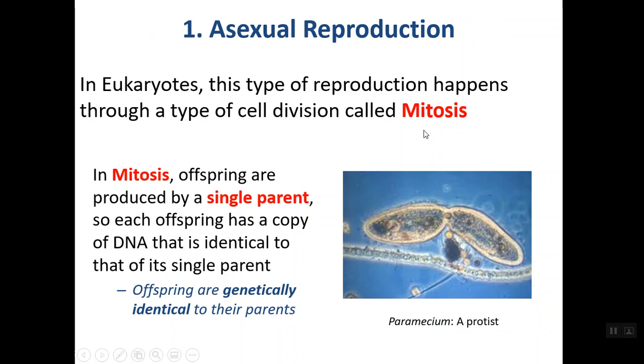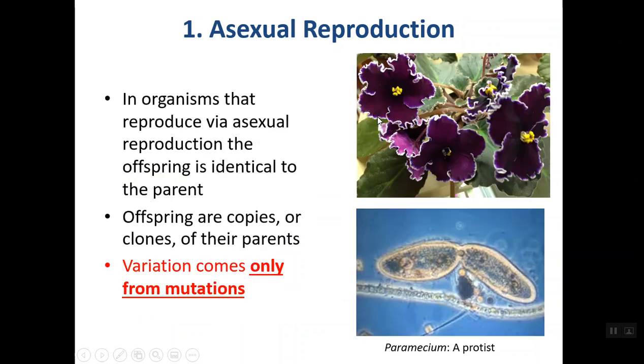It's only the reproductive cells, the cells that will give rise to offspring, that undergo a different type of cell division, known by a different term, which we're going to introduce in a minute. So mitosis is the type of cell division on which asexually reproducing organisms rely.